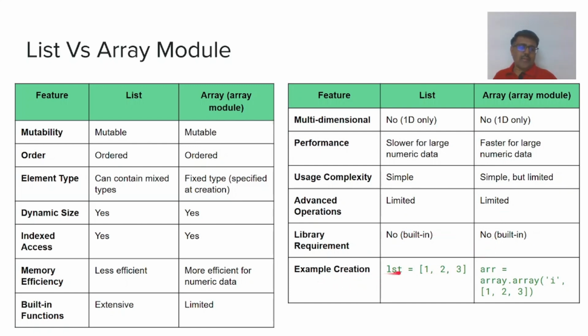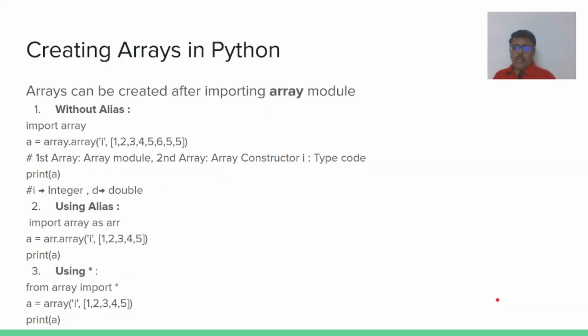And for example creation, we know a list is [1, 2, 3], while for an array you will have array.array, and I'll explain what it means. This is a way to create an array. So now let's quickly understand how to create an array in Python. Don't worry much about what these modules are; we have a separate session on modules itself.